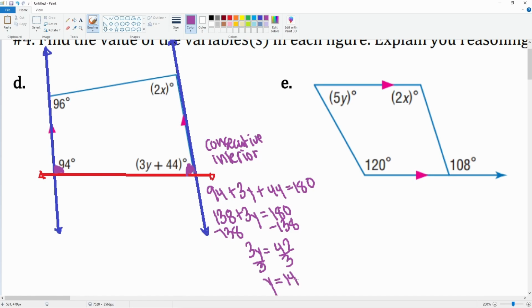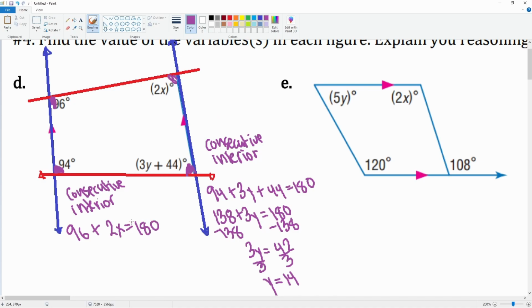So there you go. Now we want to try to do the other one for x. Well, notice that this is also another transversal line. And these angles that are on the inside are also going to be your consecutive interiors. They're both on the inside. So based on consecutive interior, please mind my spelling, we know that 96 plus 2x is equal to 180.